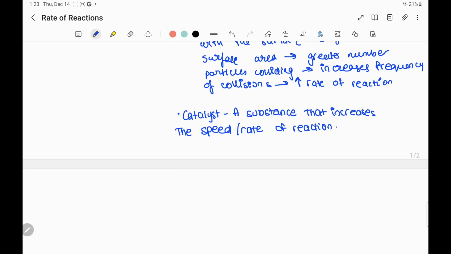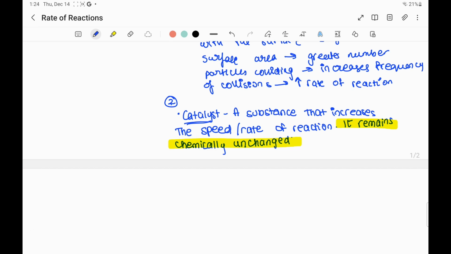And you must also mention that it remains chemically unchanged. This is very important. It's always a 2-mark question, the definition of a catalyst. Why? Because they want you to remember that it remains chemically unchanged. A catalyst does not take part in the reaction. It only increases the speed.